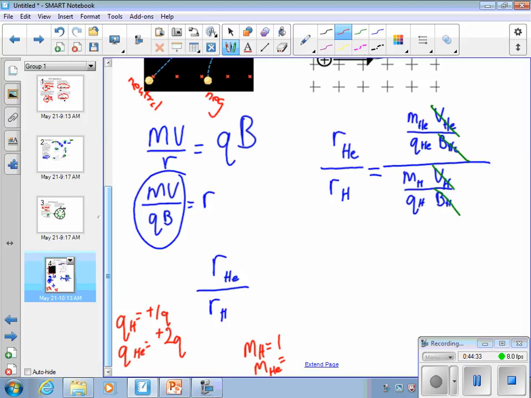What else is in the nucleus, folks? Neutrons. It's got 2 neutrons. So the mass is actually 4, because protons and neutrons are effectively the same mass. There's a slight difference, but we don't really care for this purpose.